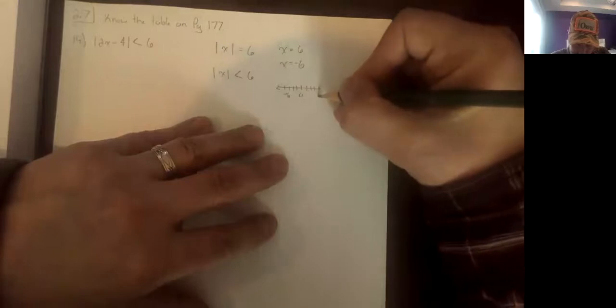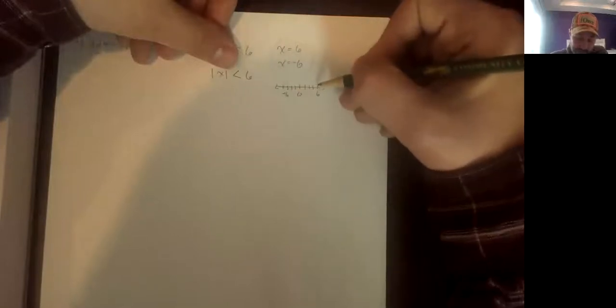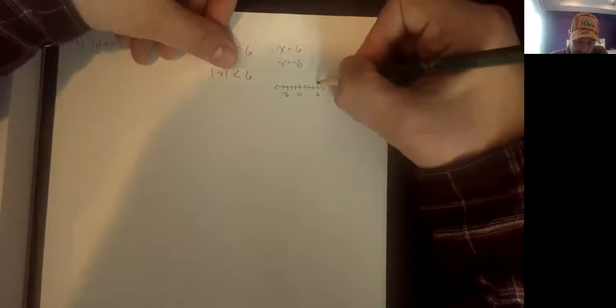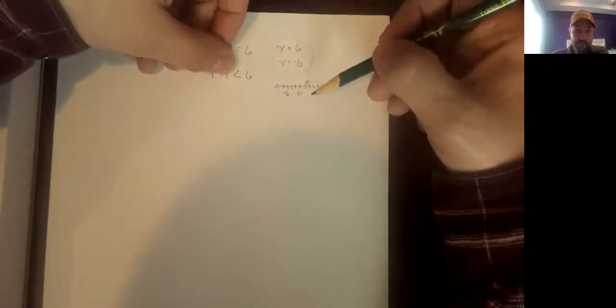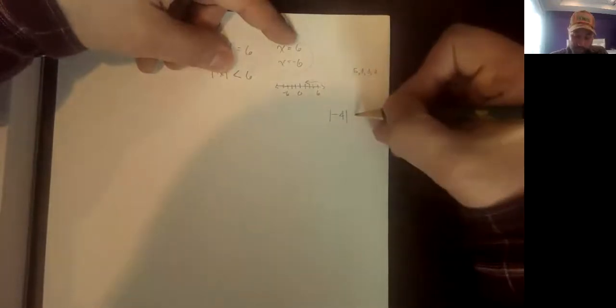So here's a negative 6. Here's a 6. The value is less than 6. So to be less than 6, we know that we're going this way on the scale.